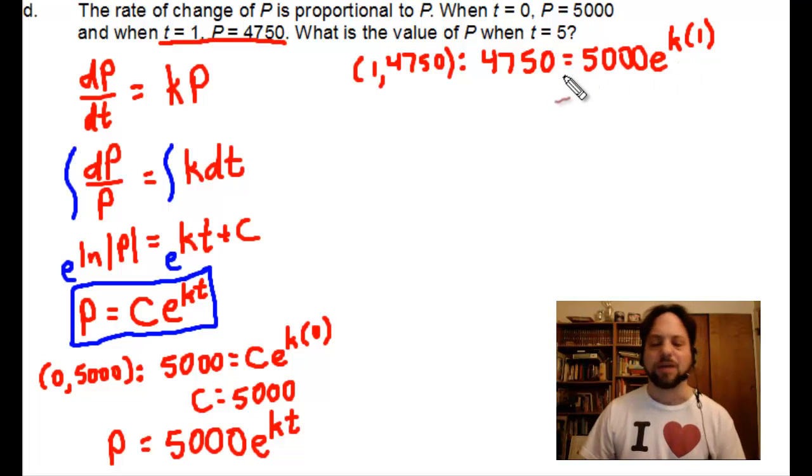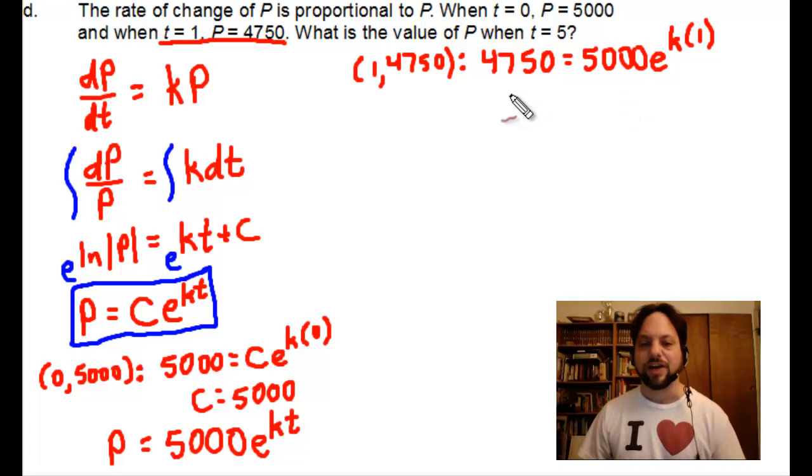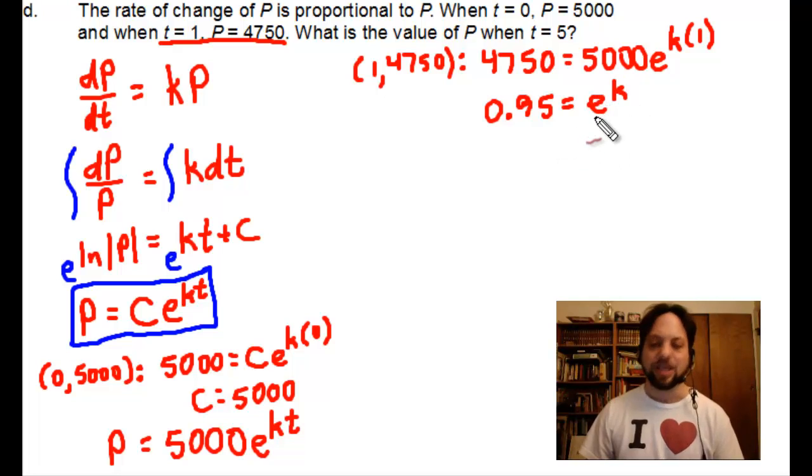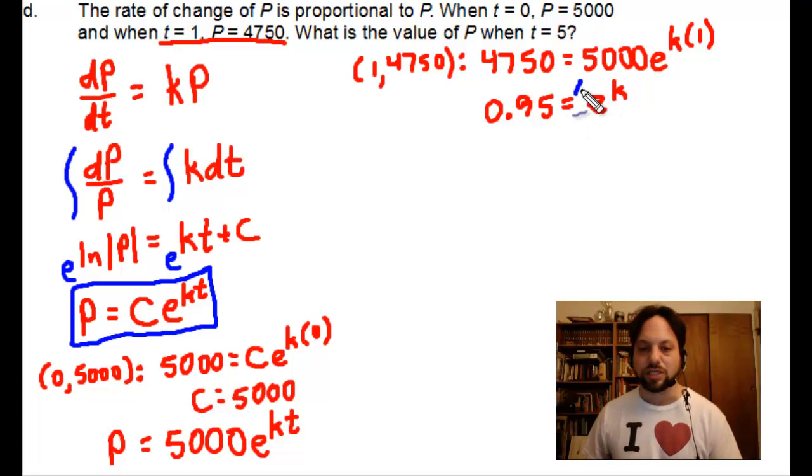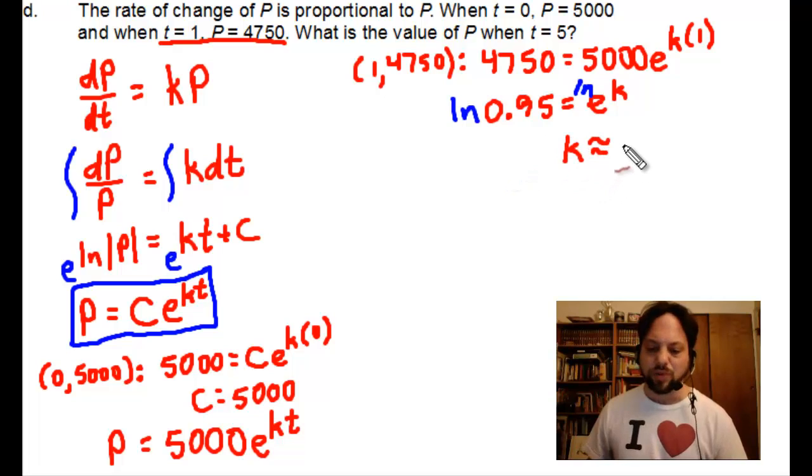I'm going to work this out, but hopefully you can do it on your own. If I divide both sides by 5,000, I'll simply get 0.95 equals e to the k. And of course, to get rid of the e, all I really need to do is just natural log both sides. So, having natural log both sides, what we should get is that k is around, let's see here, I get around negative 0.051.